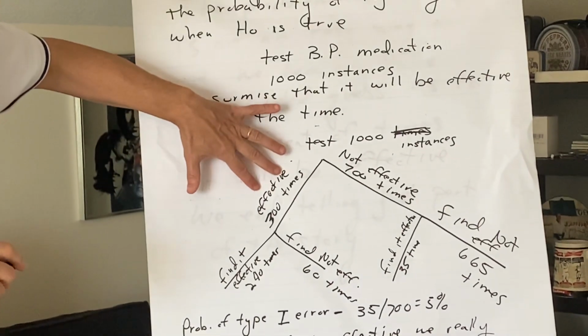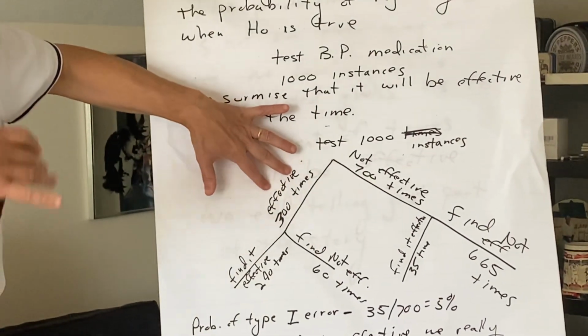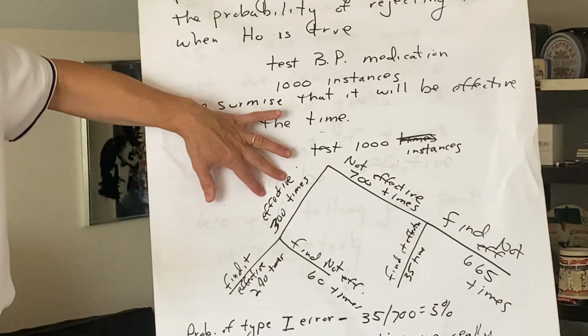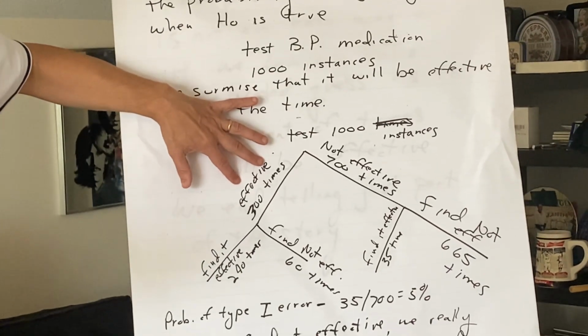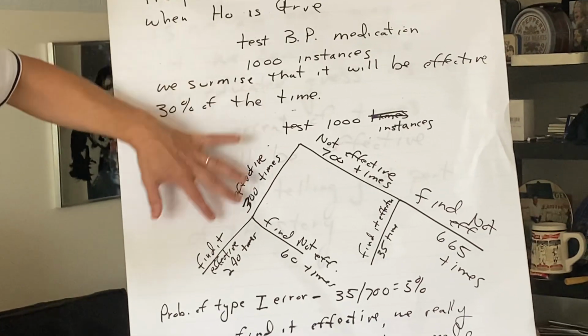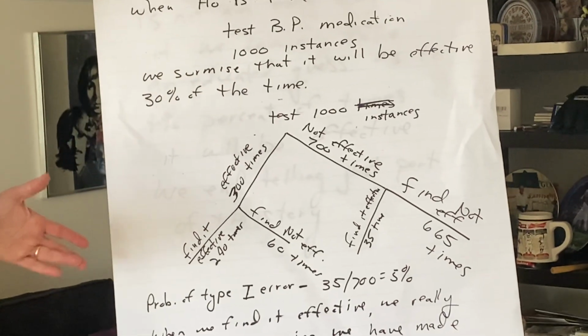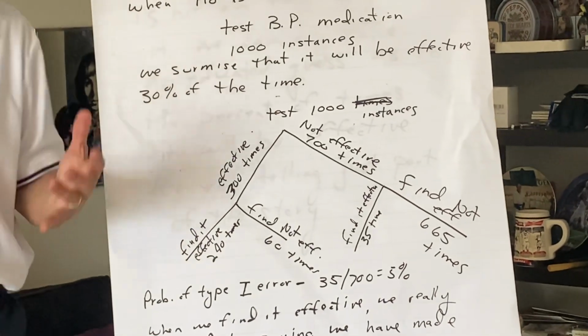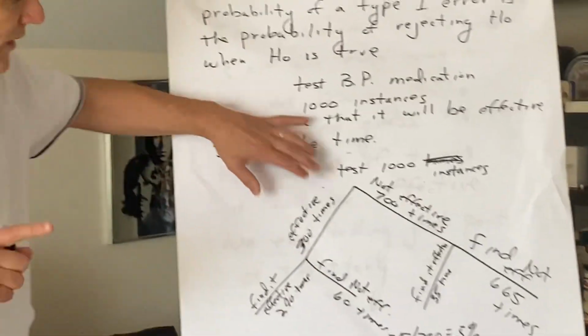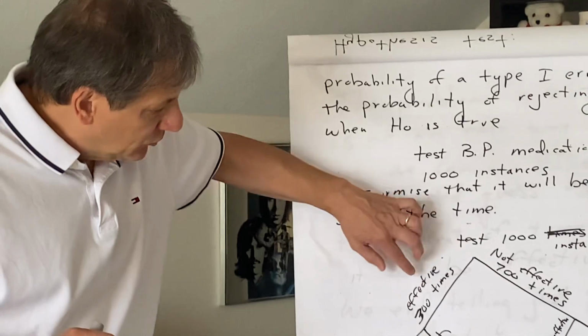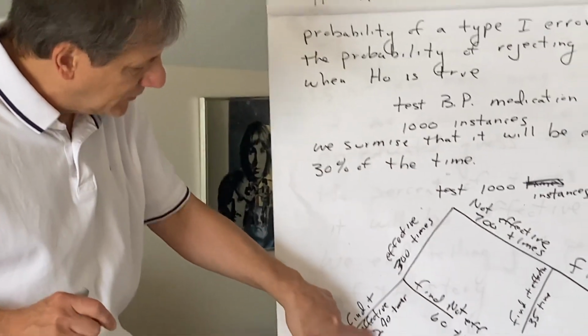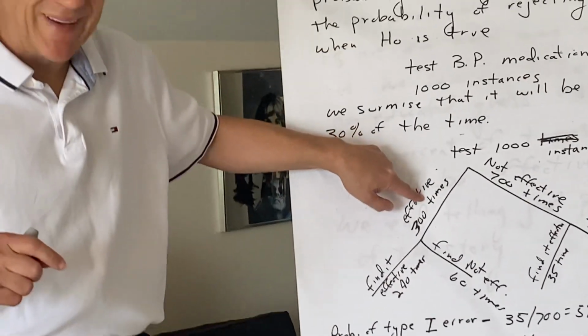When it's effective, another word that I'll briefly discuss is the power of a test. That's when you find in favor of H1 when H1 is true. Let's just say the power is 80%, meaning when it's effective, you're going to find it effective 80% of the time. So you're going to find it effective 240 out of 300 times.